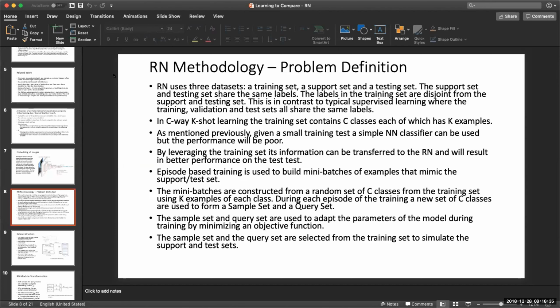The sample set and the query set are selected from the training set to simulate the support and test sets. So they're designed to have the same C and K that's available in these support and test sets.